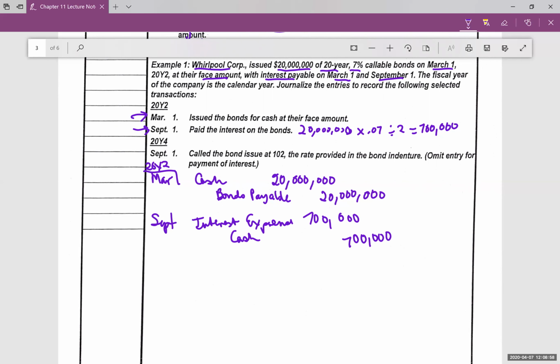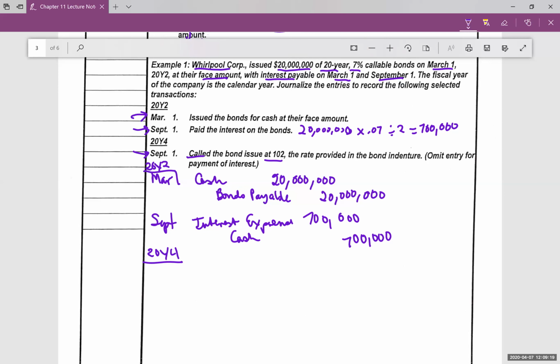All right. And then finally, the last journal entry in 20Y4. So a couple years go by, they've continued to pay this interest expense, and stuff is happening in the market. They decide to call the bond in, and the lingo is like this: we called the bond at 102.